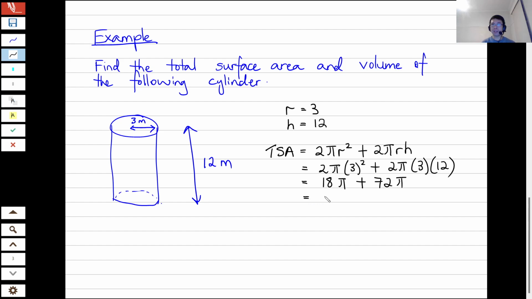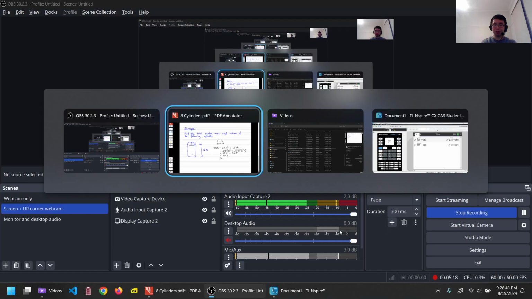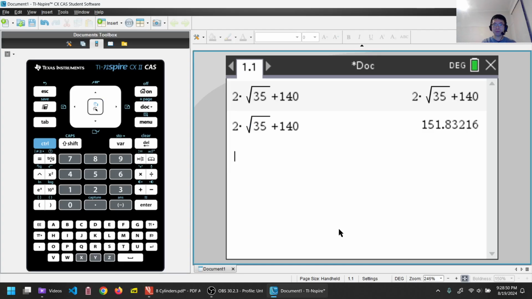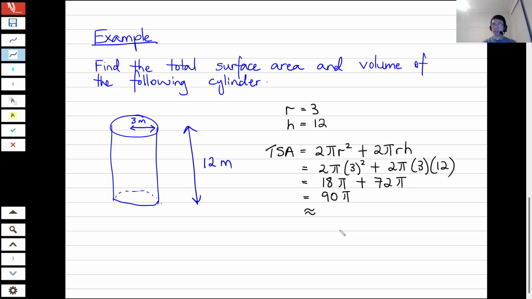And then 18 plus 72 gives us 90. 90 times pi. And if we want to convert this to a decimal, here's what we would get. 282.74, correct to 2 decimal places.